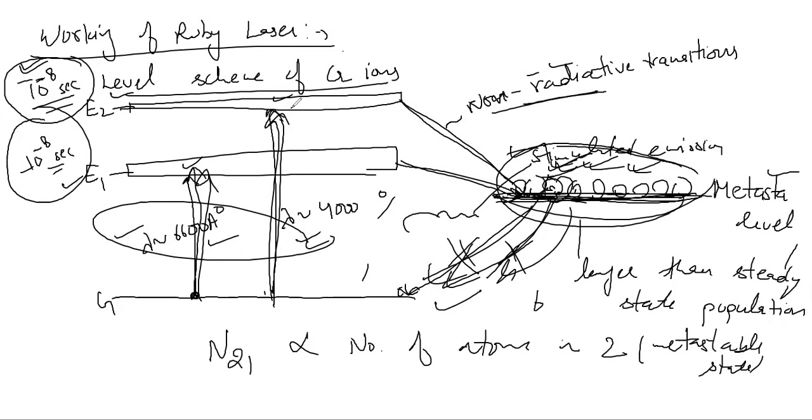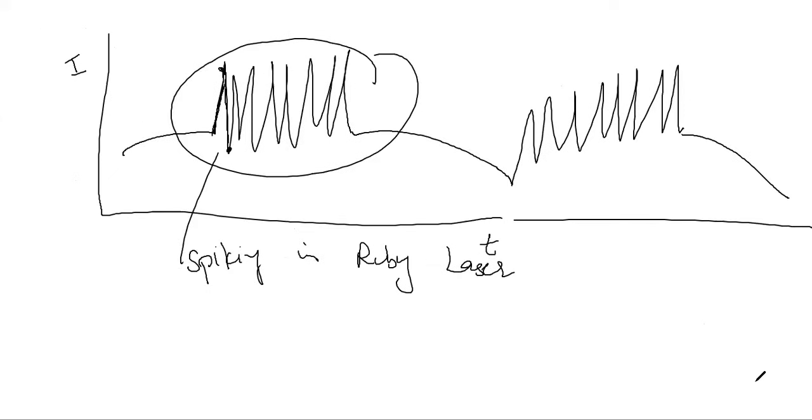And initially because there was no stimulated emission happening, so यहाँ पे आपके number of atoms हैं, they are going to exceed the threshold limit, and because of which all the atoms will suddenly come to the lower state here, and that would lead to a spiked output in the case of ruby laser. And this is a characteristic of ruby laser, that you are going to get a spiked output in this case.